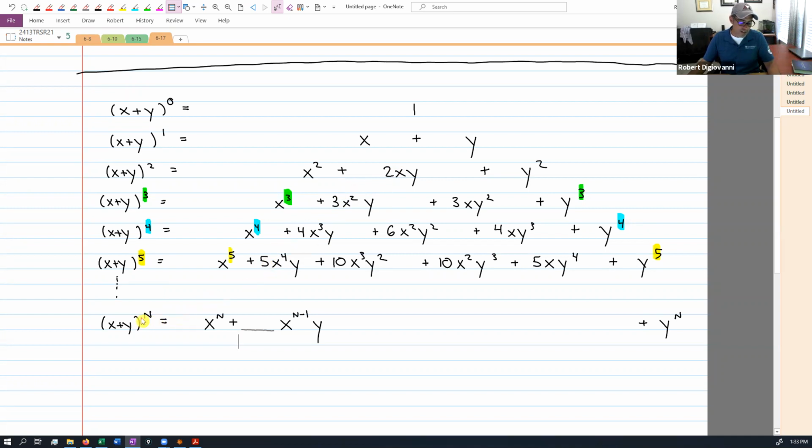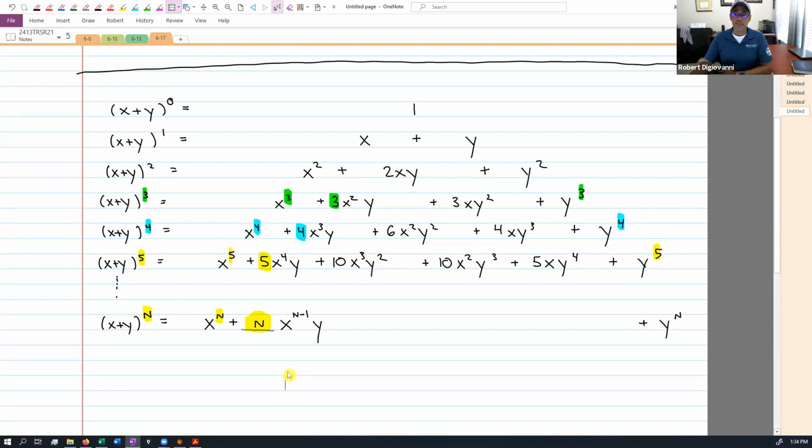But I'm saying if this is an n, what would this be? It would be n. Because again, this number here actually matches the power on every one of these. The 4 matches the 4. This 3 matches the 3, right? So that means that this n that matches here should also match here. So that should be an n.